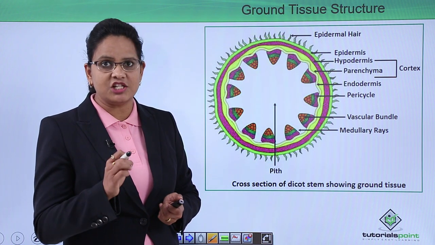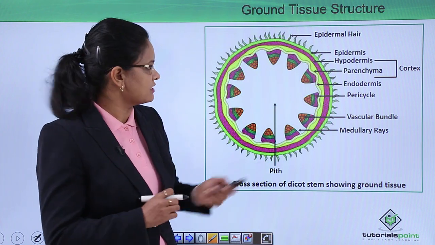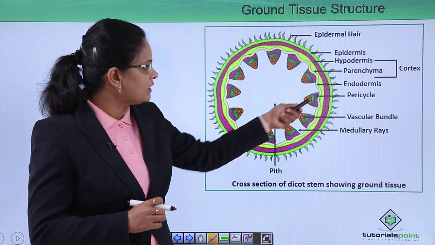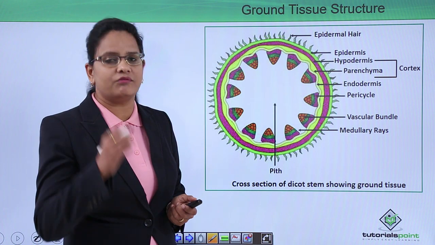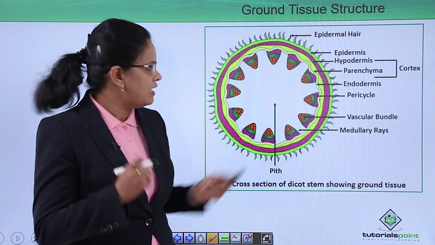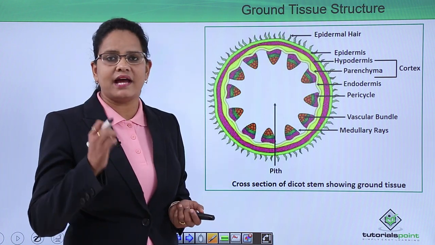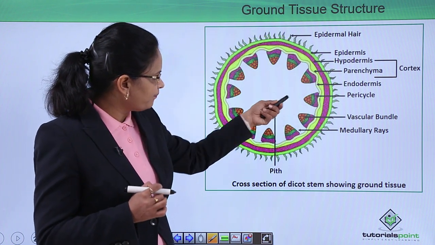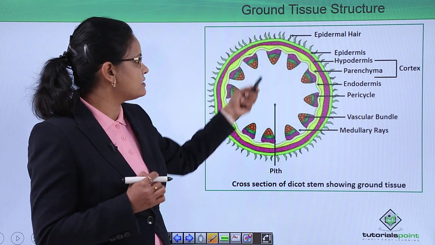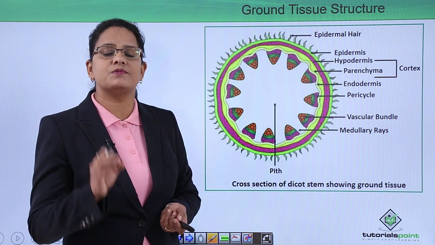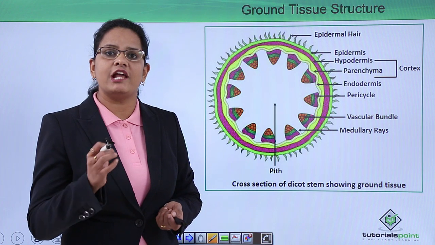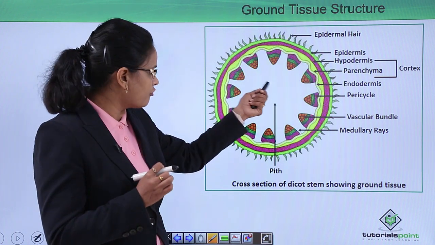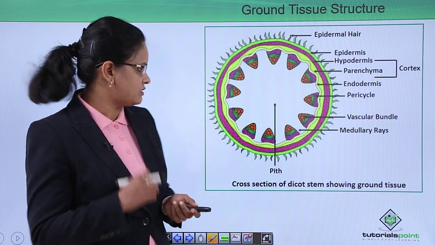It is made up of barrel-shaped cells and it has Casparian strips in it. Now inside the endodermis, you can see a layer which forms the outer layer of the vascular bundles. This is known as pericycle and it is also parenchymatous, right? Now the region in between the vascular bundles is where the parenchymatous strips of medullary rays are present, which help in food storage and also in radial conduction of water from the pith to the cortex, right?